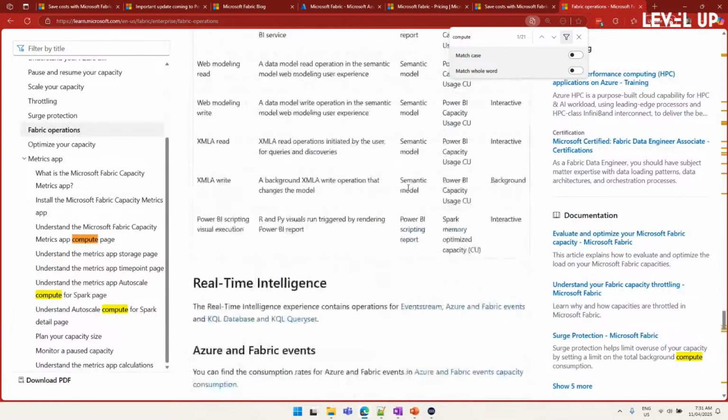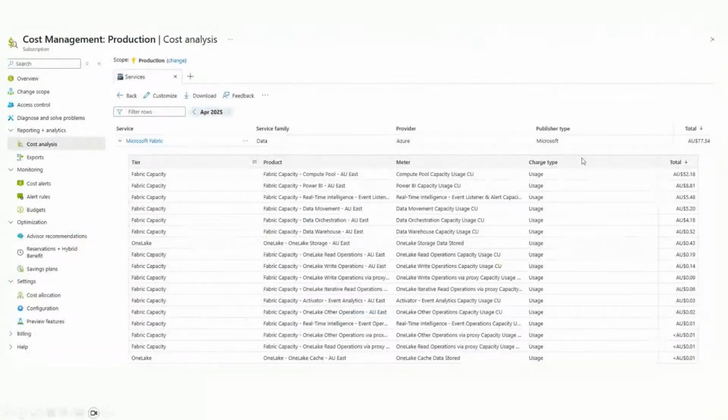But my guess is that this one is going to be related to some of the overall capacity units usage. It should be clear what this means, but to me, it's not as clear.